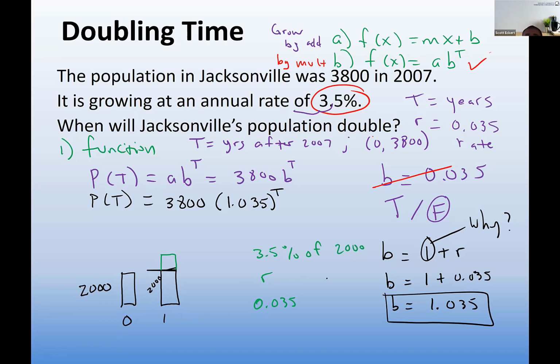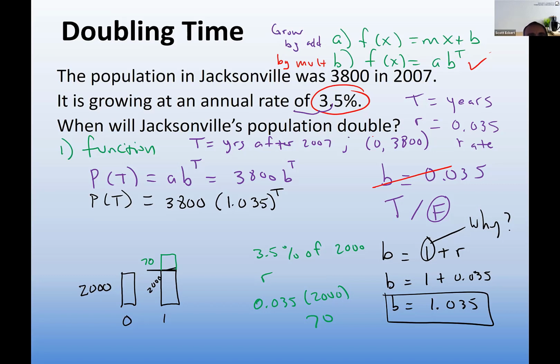I'm going to poke that in the calculator really quick. It turns out to be 70 people. So we've increased the population by 70 people.